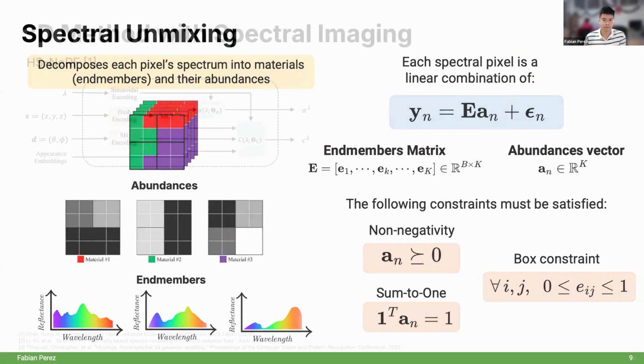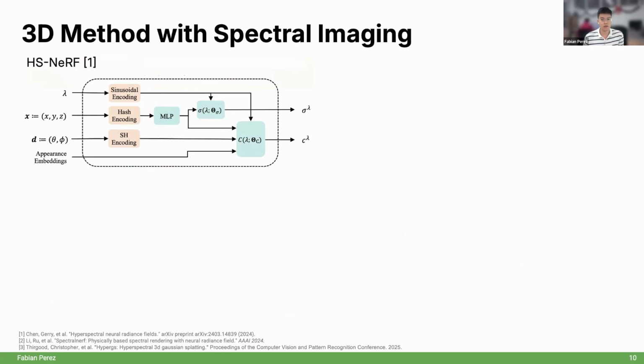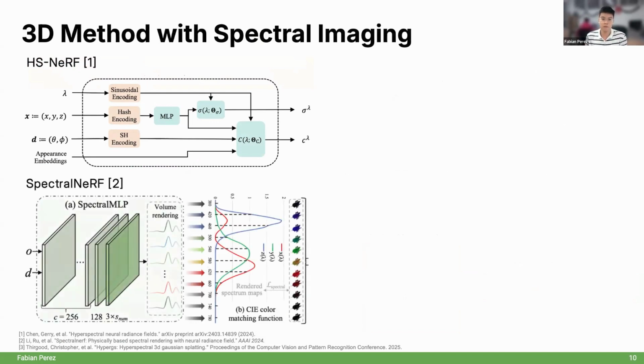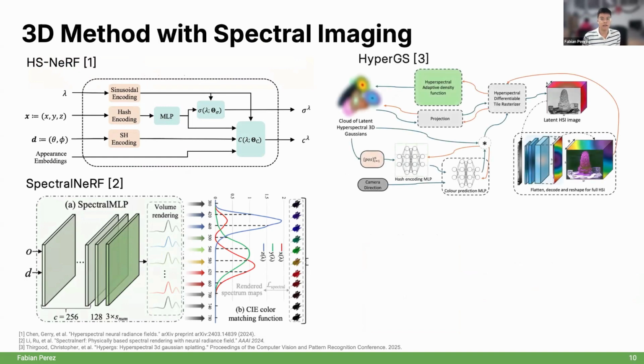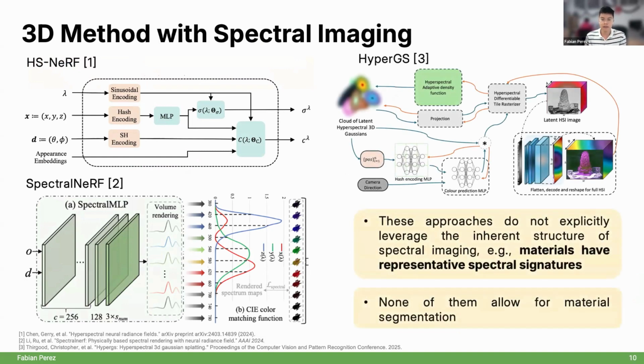So recent works have extended NeRF to the spectral modality, improving the 3D spectral reconstruction in the NeRF domain. These are HS-NeRF, Spectral NeRF, and HyperGS. But these methods treat spectral bands as independent channels, failing to take advantage of the rich material information encoded within the spectral signature of each pixel.